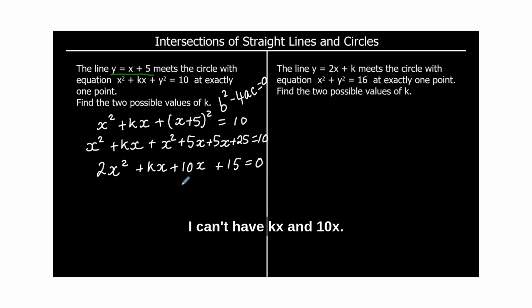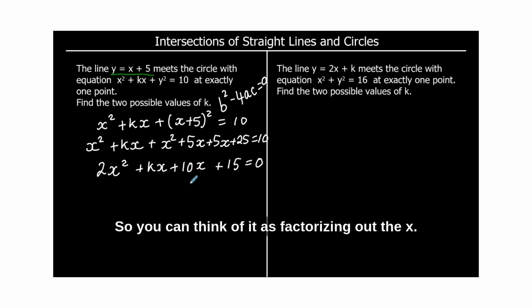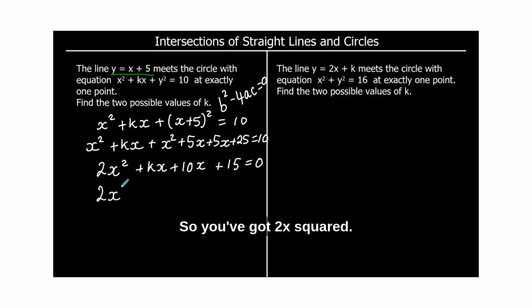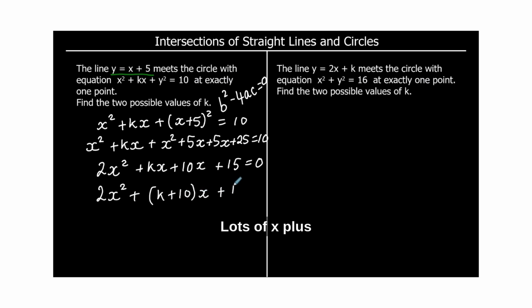I can't have kx and 10x, so I have to write it as one term. So you can think of it as factorizing out the x. So you can take x out of both of these terms. So you've got 2x squared. If you take x out, what's left? You've got (k plus 10) lots of x, plus 15 equals 0.